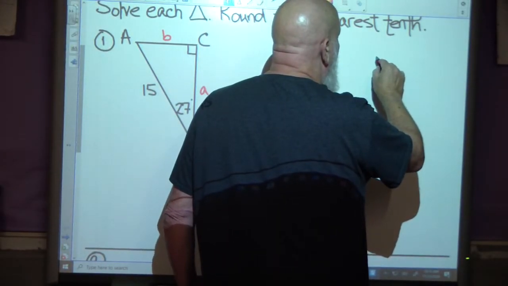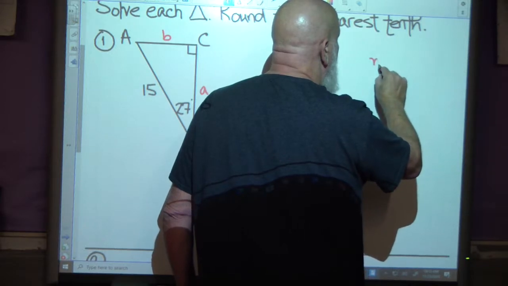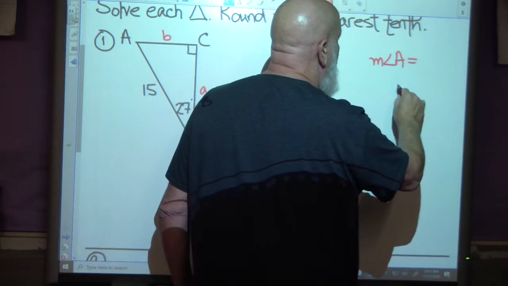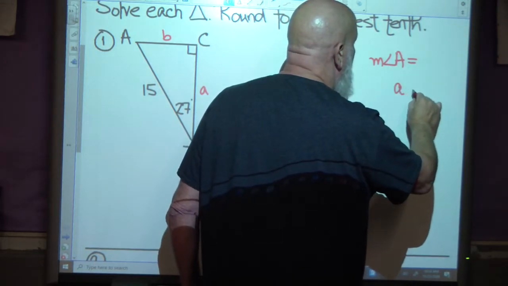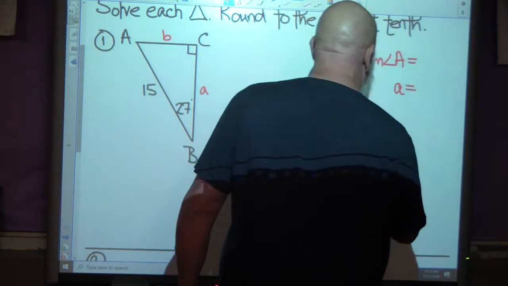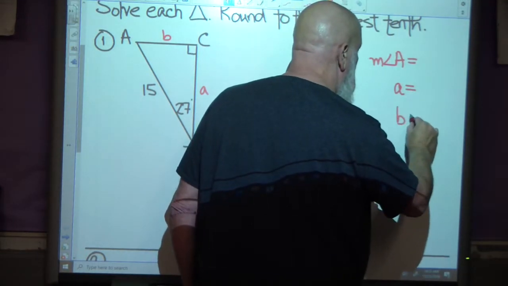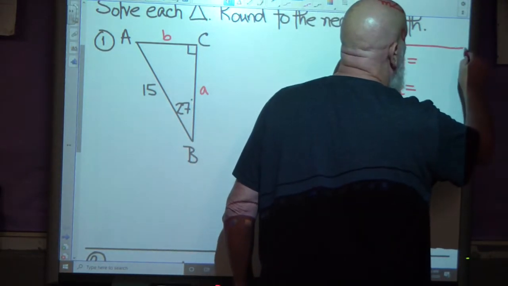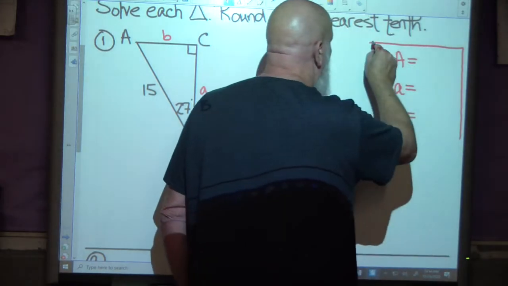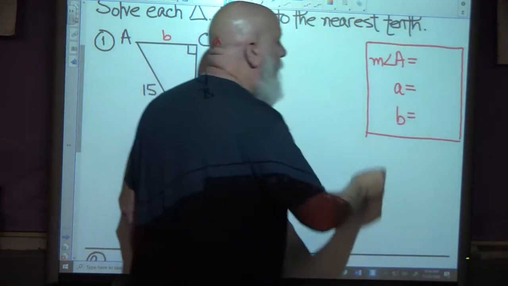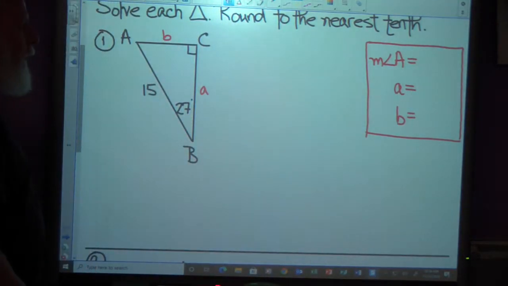I'm looking for the measure of angle A, the length of side A, and the length of side B. I'm going to put those in a nice box, just to give me a place to put them. And now I can just use my trig functions and find them.